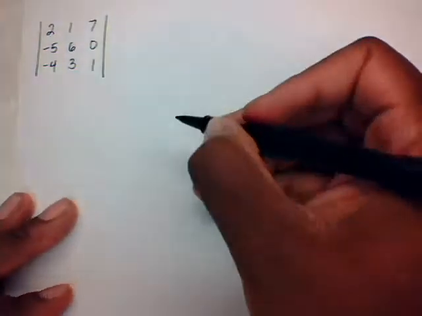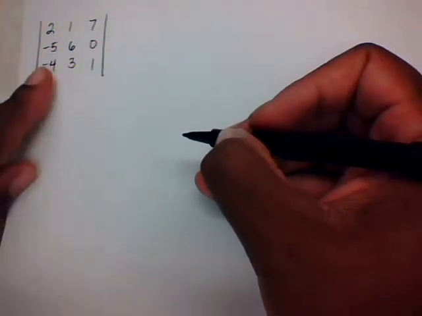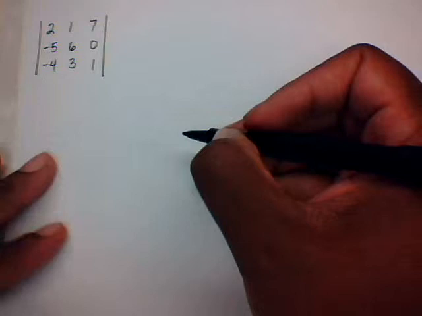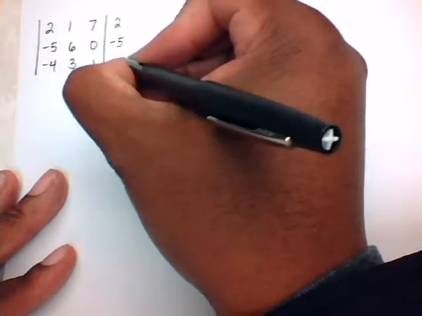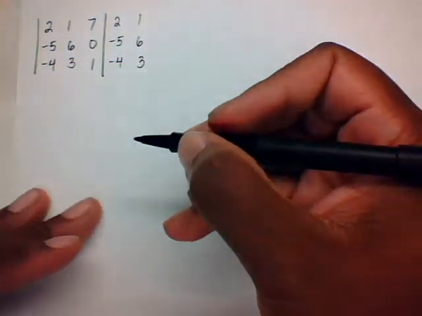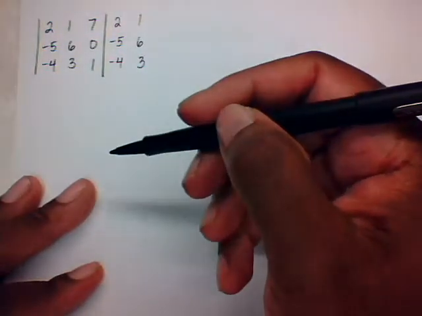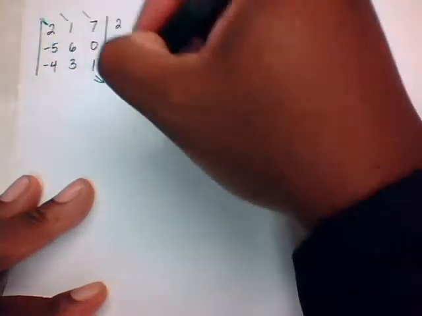Here's the easy way to find a determinant for a 3 by 3 matrix. First, I'm going to rewrite the first two columns of this matrix: 2, negative 5, negative 4, and 1, 6, 3. Now I'm going to take the products along these diagonals that I'm putting in green.